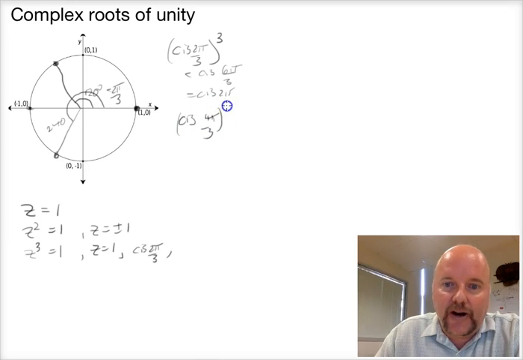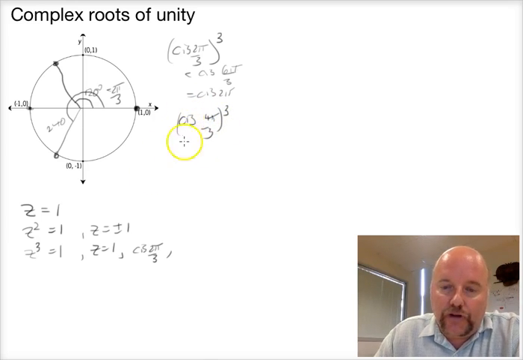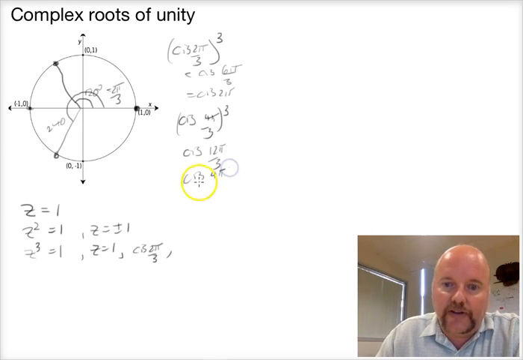Now I'm going to raise that to the power of 3 just to test that when I cube this number I end up back on 1. So that gives you cis 12 pi on 3, which is cis 4 pi. Now 4 pi is just a multiple of 2 pi. So there's 2 pi, there's 4 pi, it comes back to here.